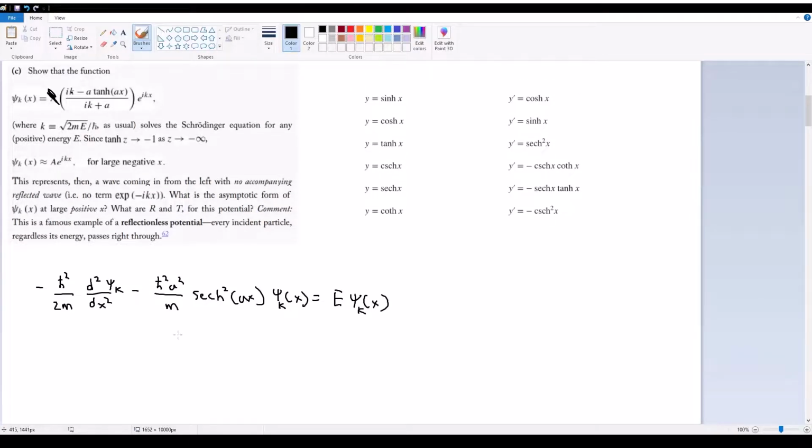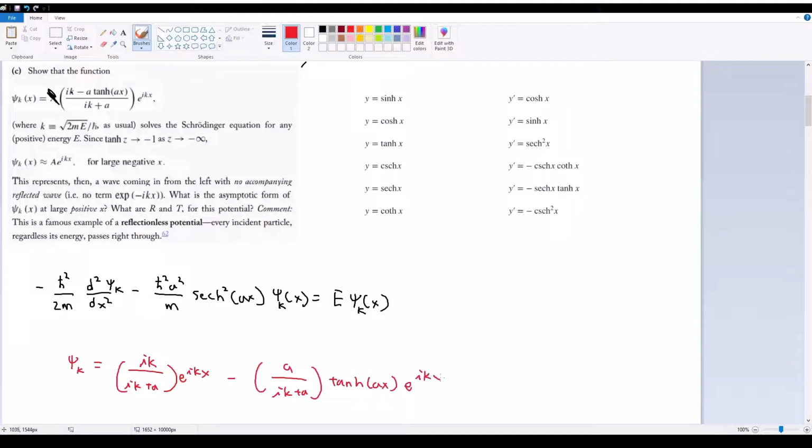Let's do this in red, actually. So I know that psi of k is equal to, and I'm going to write this out fully: ik over ik plus a times e to the ikx, and then subtracted by a over ik plus a times hyperbolic tangent ax times e to the ikx.